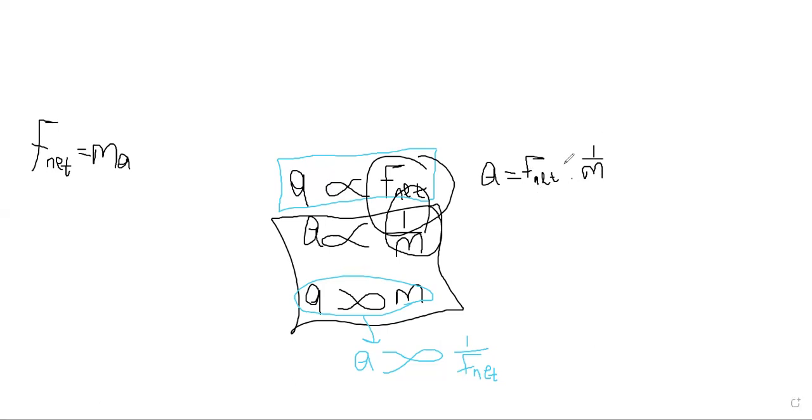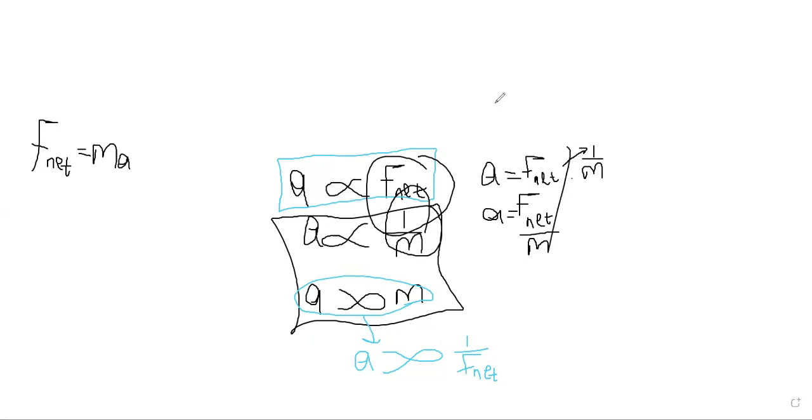And then this is gonna go up here, and you're gonna end up with A is equal to F net over m.